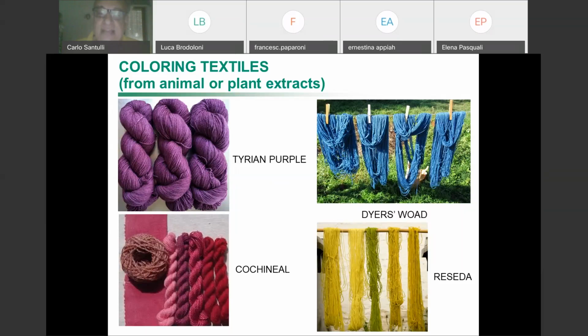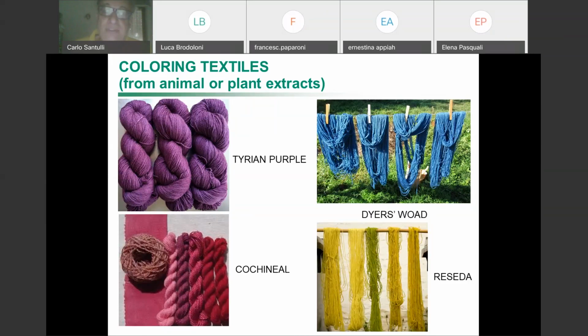But there was this dyer's woad, which is the traditional color of the garments of the Holy Virgin in the Christian tradition. And therefore, it has a long history. And other plants, yellow, obtained from the reseda, which is another plant.